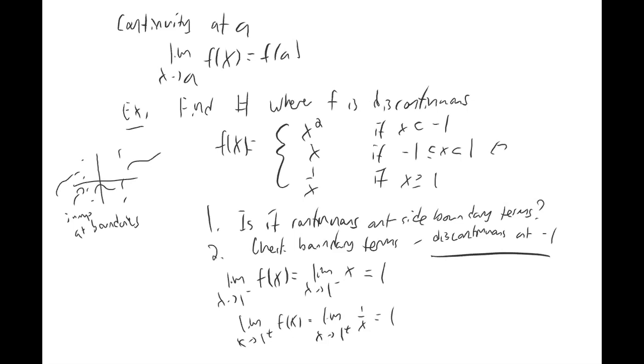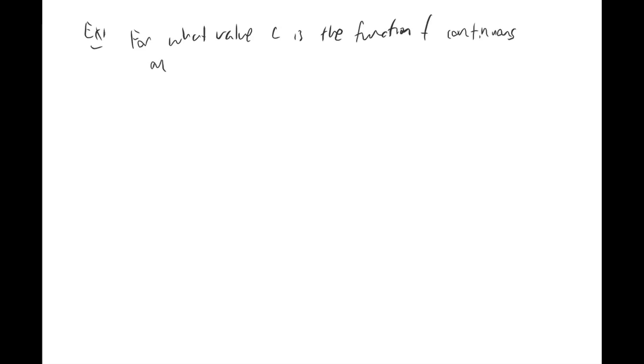Does everyone remember what continuity is now? Okay, let's do something a bit different. This is still continuity. For what value c is the function f continuous on -infinity to infinity?